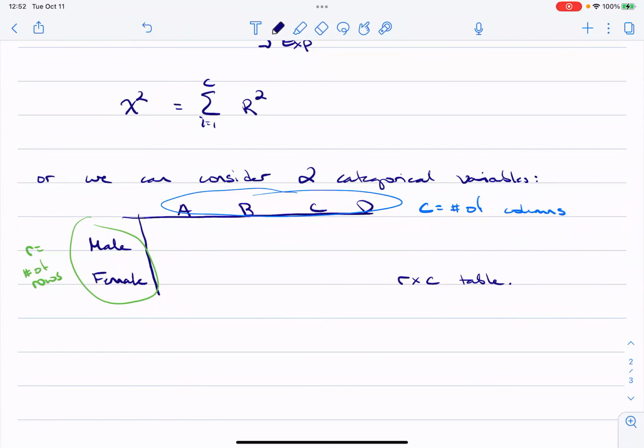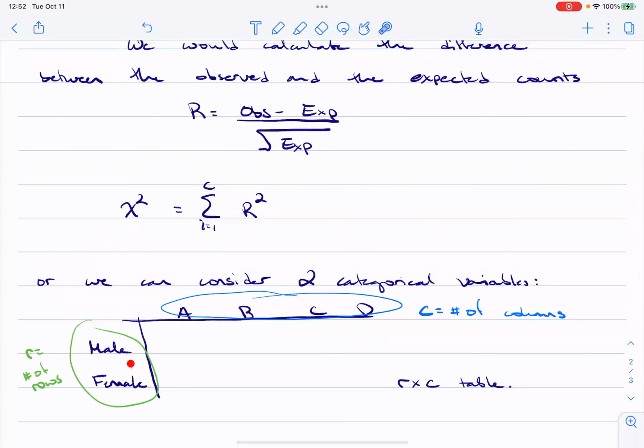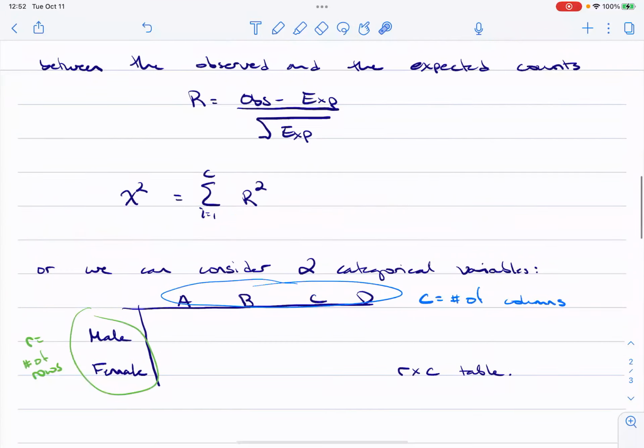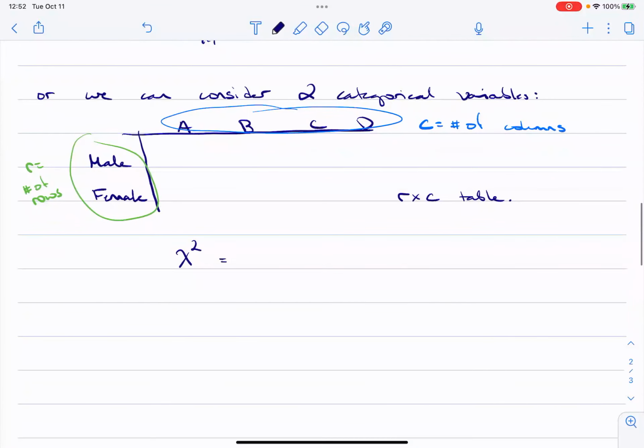But in this case, right now I have to add up across the rows and the columns. So then the chi-squared test statistic is going to be the sum from i equals 1 to C, and j equals, I should make that look like a proper j, j equals 1 to R of R squared.